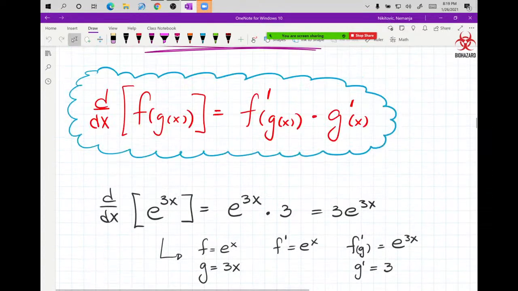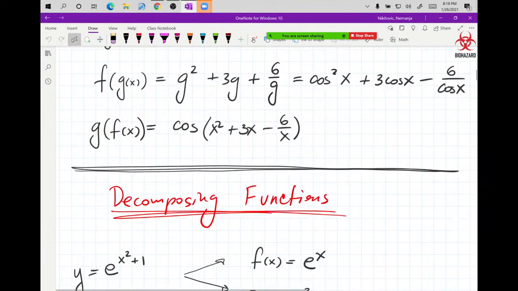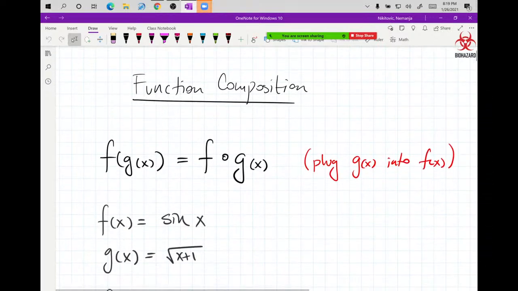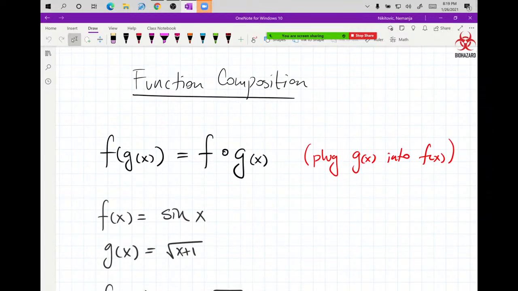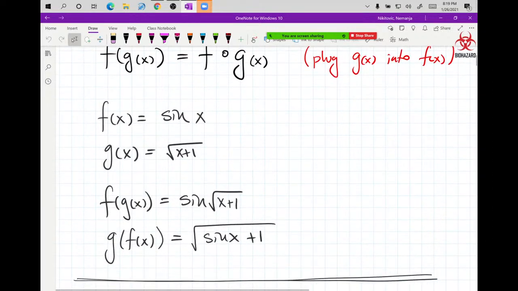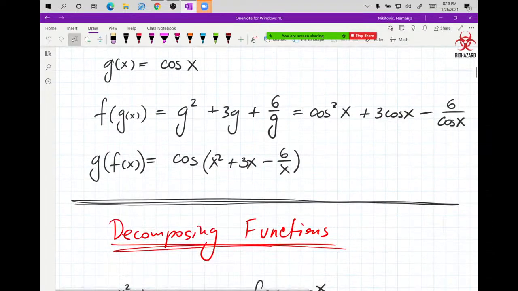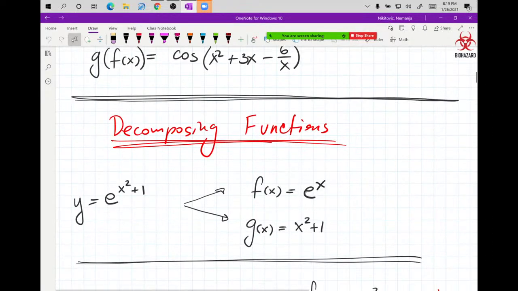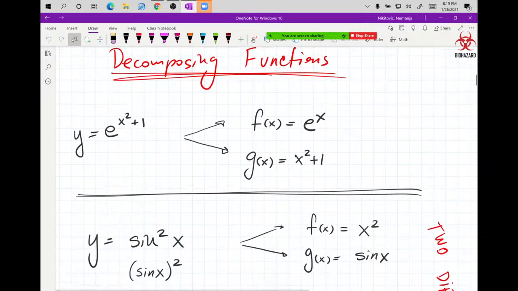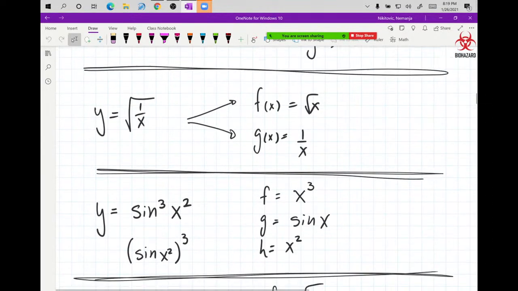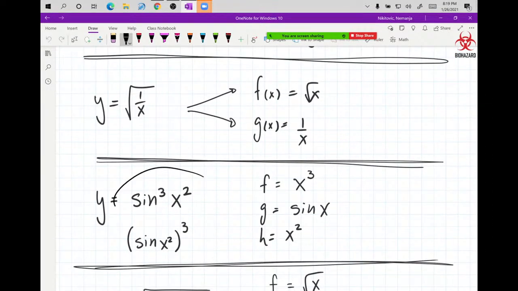The tablet is overheated. I am reviewing function composition just in case some poor soul didn't get the memo. You see all of the stuff that we talked about, except I have a lot of trig functions and exponential functions, talking about decomposing functions and so on. Look at this function composition here.